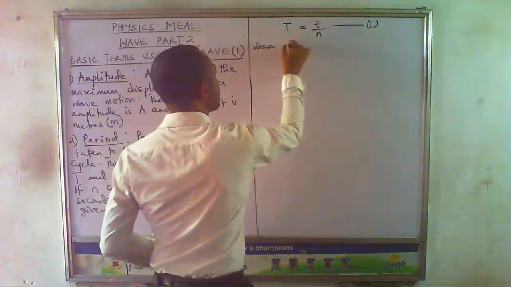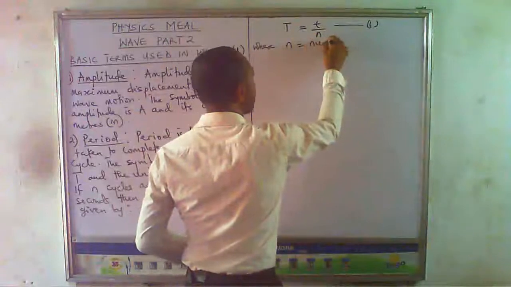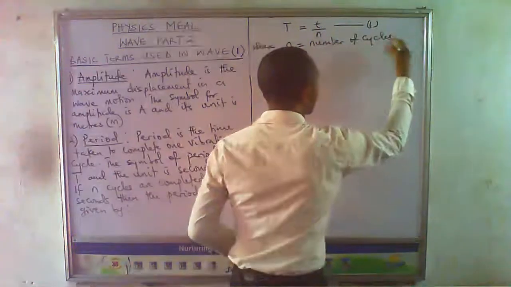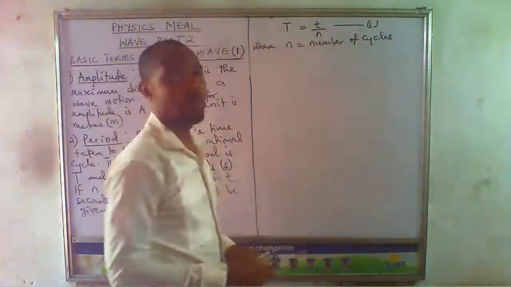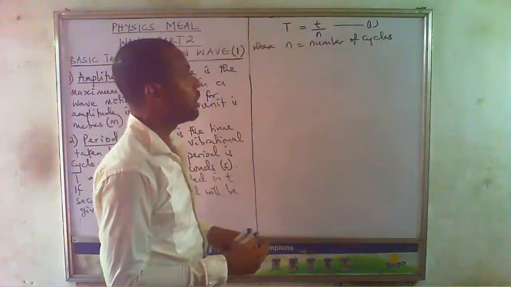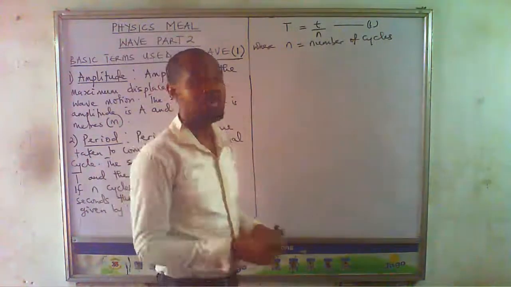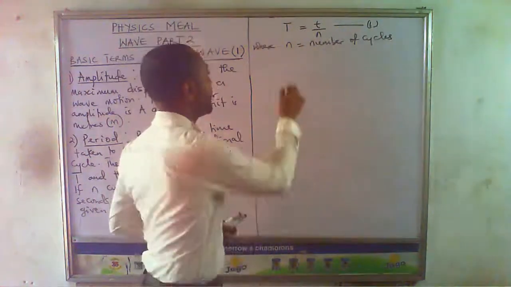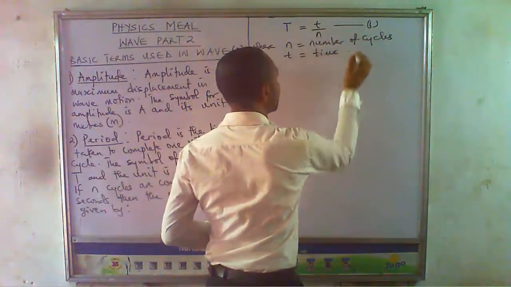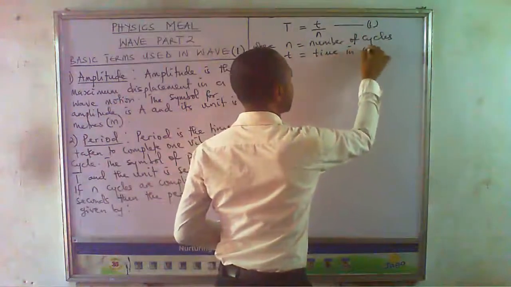We have already said that n is the number of cycles, number of vibrations, number of revolutions, number of oscillations if you are looking at simple harmonic motion, and t is equal to time. Small t is time in seconds.